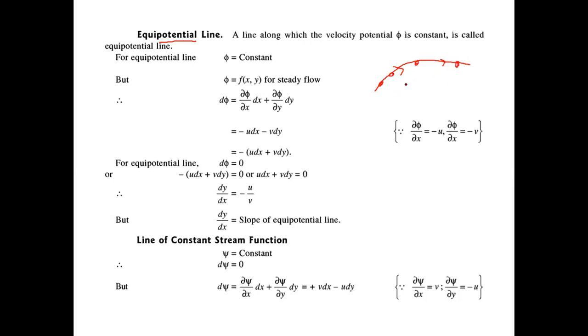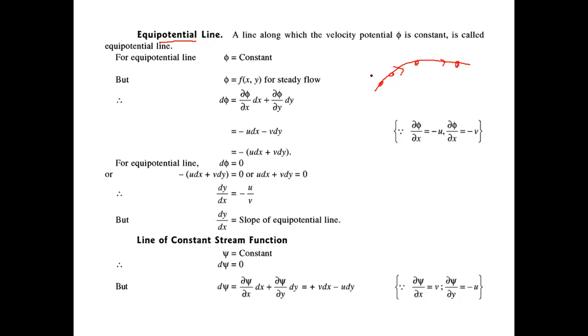If all the fluid particles on this line have the same value of phi, that means the velocity potential function, then this line is called an equipotential line. Equi means equal potential line. So on this line, all the fluid particles have the same value of velocity potential function.